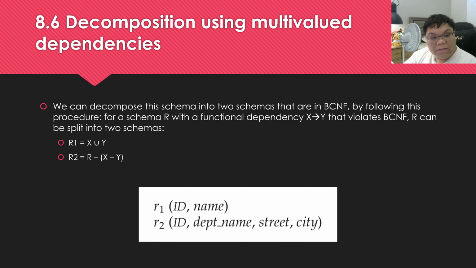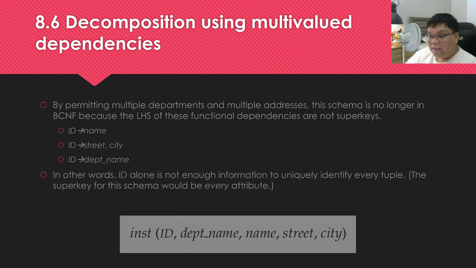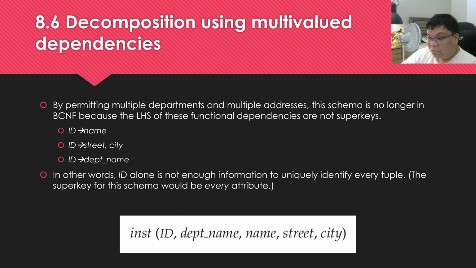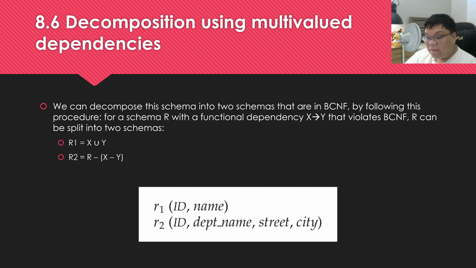So we can decompose it into two such schemas, R1 and R2, where the schema for R1 is the union of X and Y, and the schema for R2 is R minus Y. In other words, we can simply decompose this one schema. So one is ID and name, and the other is ID and everything else.